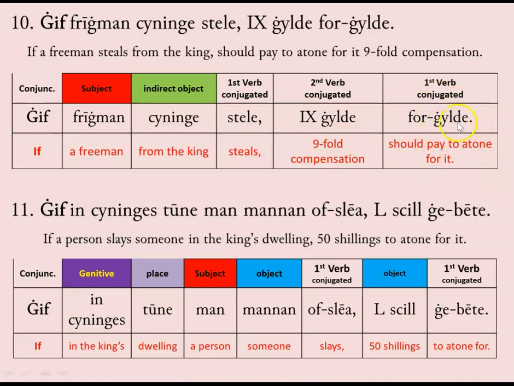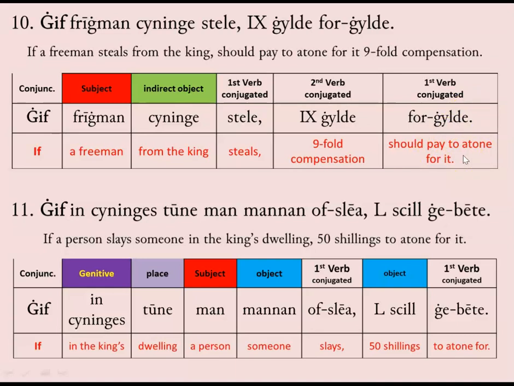So this has really hammered home the point, because this is about compensation to pay for an error. Yulda is compensation. The numeral out front tells you how many times, so nine times compensation for wrongdoing. And then this next verb hammers the point home, should pay to atone for it.